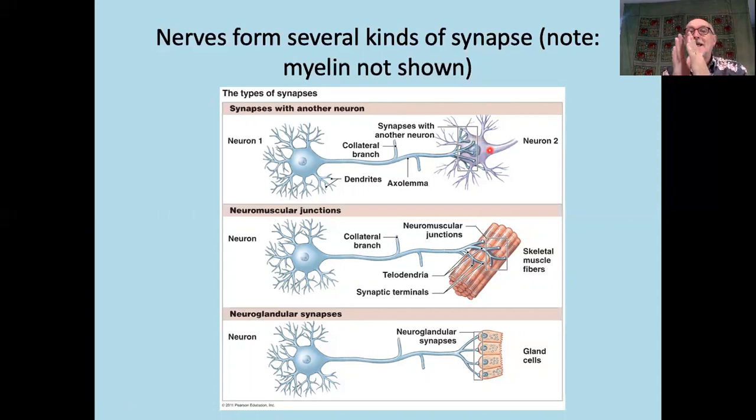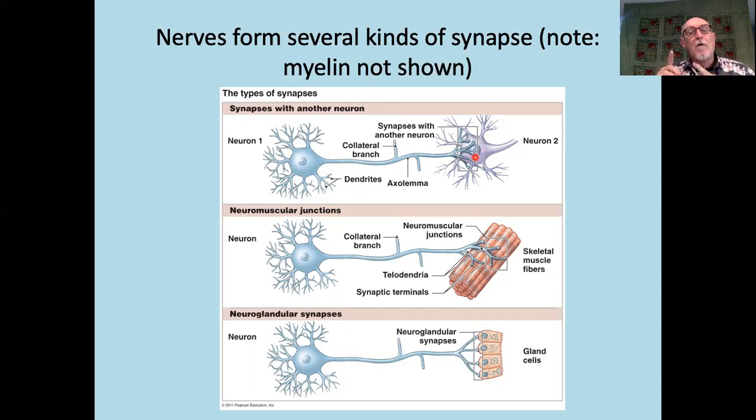It is in fact a gap that it has to get across. We somehow have to communicate across a gap between one cell and another. It's a very small gap, but it's a big barrier to any electrical activity passing across. So that gap there is called the synapse.